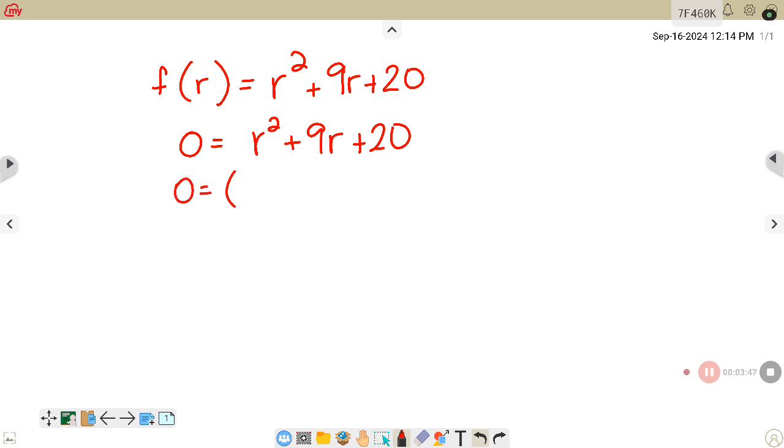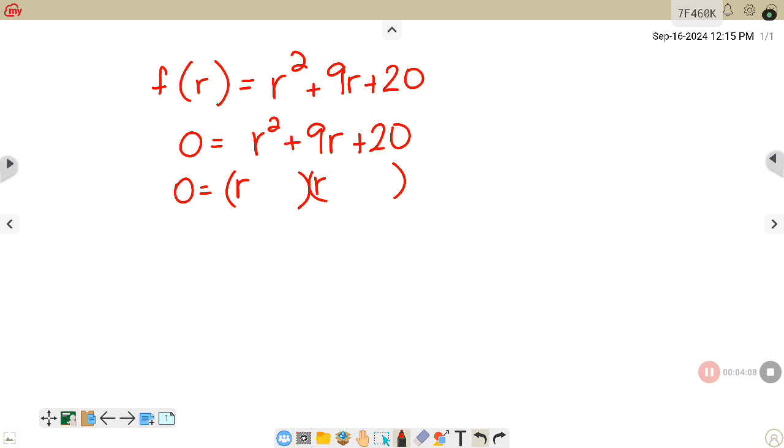So same process as last time. Let's see what was multiplied together to get r squared plus 9r plus 20. So once again, these first terms have to multiply to equal r squared. So we'll use r and r.